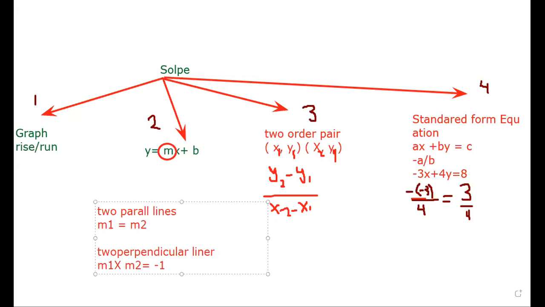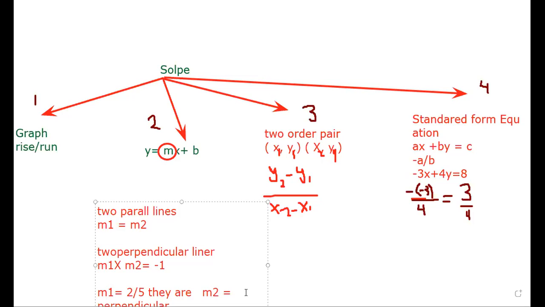If I give you a question, M1 equals 2 over 5, and the two lines are perpendicular, how can we find the second slope? By the reciprocal and changing the sign, exactly. So negative 1 divided by 2 over 5.